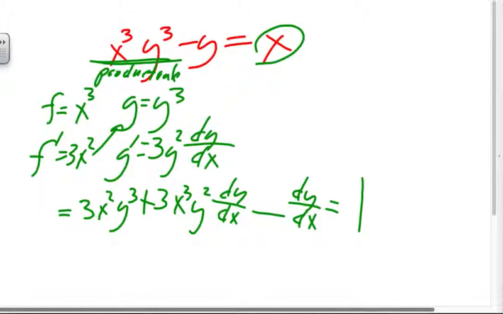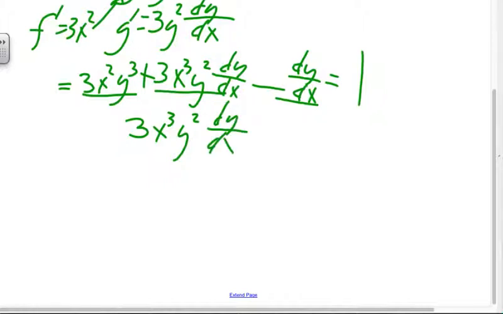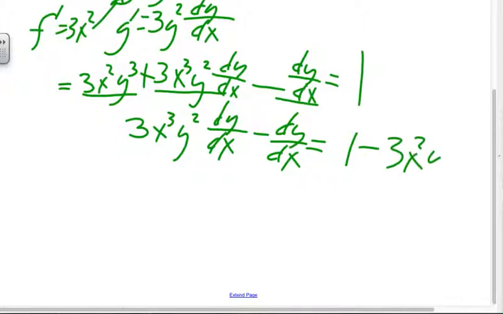Okay, so the next thing you're going to do then is collect all the terms with the dy dx, leave them on this side, move everything else over. So I'm going to move this over. So you're going to have 3x cubed y squared dy dx minus dy dx equals 1 minus 3x squared y cubed.